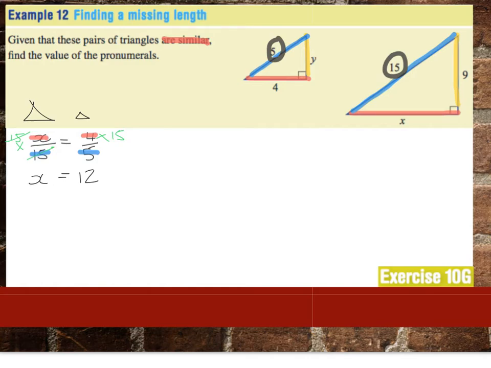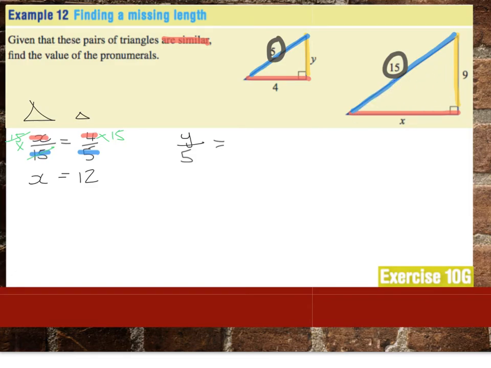Now I want to find y. So I'm going to start with y. The one that I want is always on the top left of my fractions. So I'm going to say y over the thing that I have, the yellow over the blue. So y over 5 equals, and now I'm going to use yellow over blue for my big triangle.